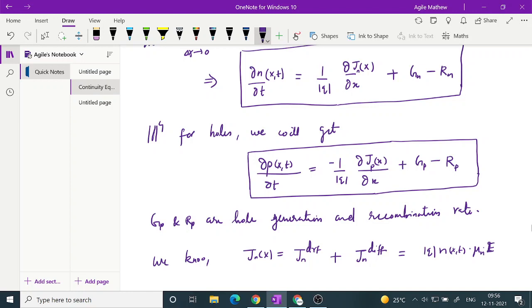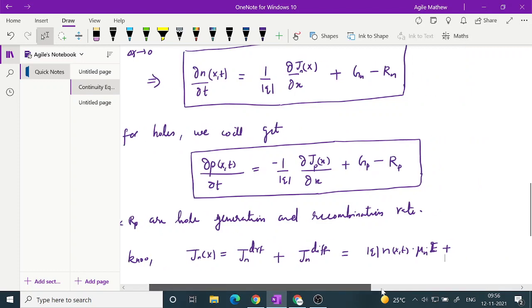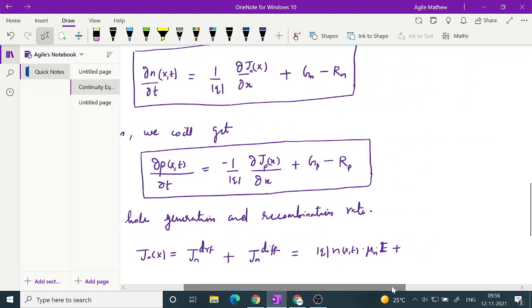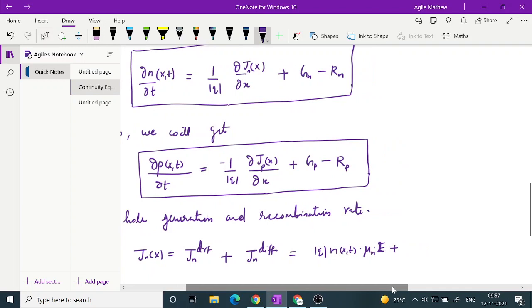So this is one component, the drift current. Then we have a second component, the diffusion component, and that is q Dn, the diffusion constant, into dou n by dou x. So this is the sum of drift current and diffusion current.